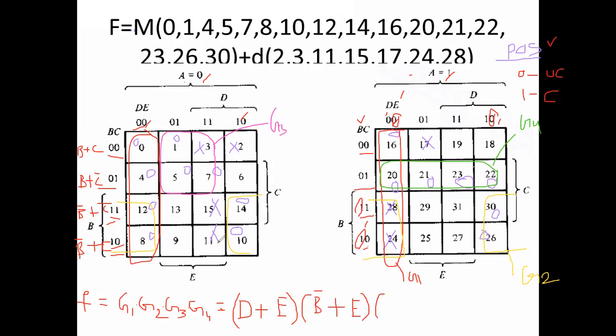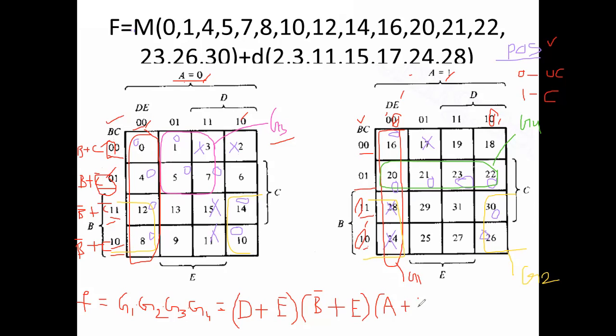What is group 3? This is group 3. If you observe, this group 3 totally belongs to A equal to 0 only. That's why here we will be getting the A variable. So A equal to 0 means the representation is A. Plus. What about the BC variables? The combinations for this group are 0, 0, 0, 1. Which is common here? The first 0 is common. This belongs to the B variable.